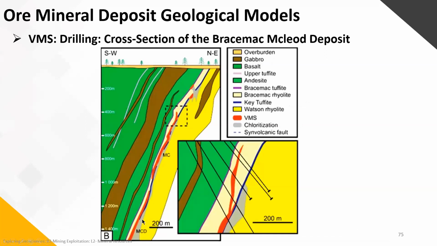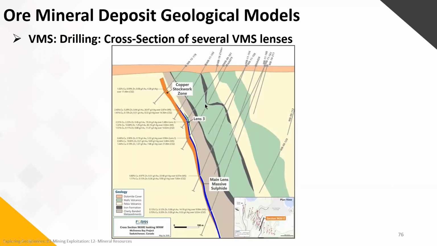So this little lens here was found within our rhyolite, which is a felsic volcanic unit. In a zoom of this area, you see how the drill holes were put in to define the precision of the geometry of that lens. Also, where this lens was curved or folded, we need to add as many drill holes as possible every time we have a drastic change in orientation.